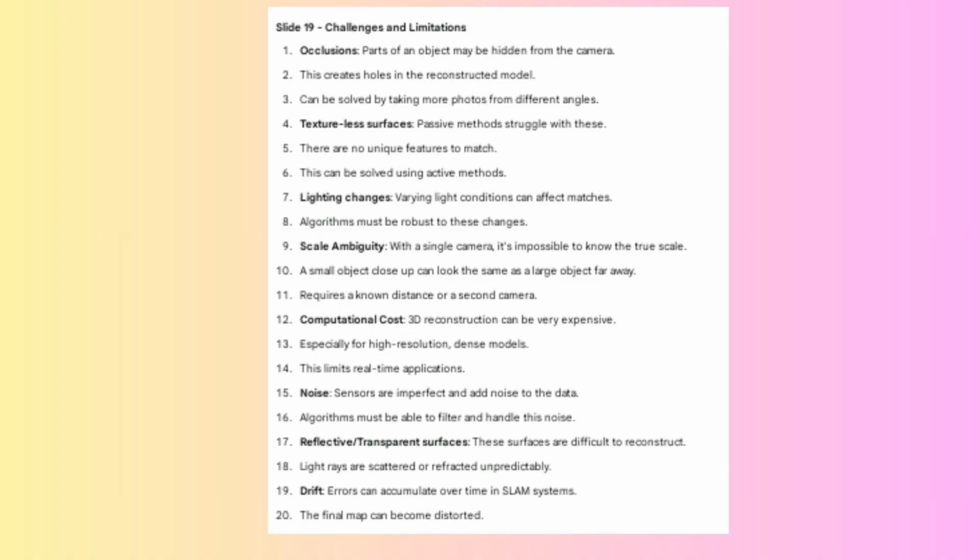Reconstructing a high resolution dense model can be incredibly time consuming and require a lot of processing power. There is also the problem of noise from the sensors and the difficulty of reconstructing reflective or transparent surfaces, which scatter or refract the light in unpredictable ways.